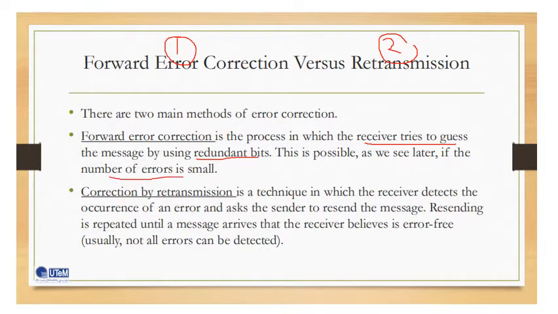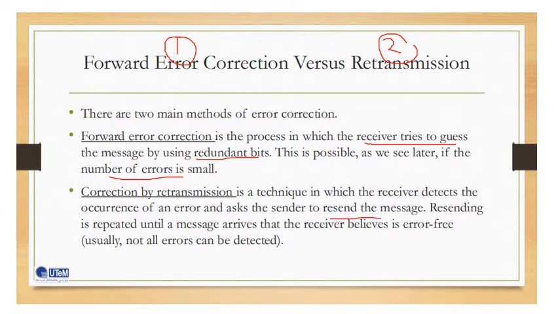Okay, correction by retransmission. This is much easier because once the receiver believes that the message contains error, the receiver will discard the frame and ask for retransmission. So correction by retransmission is a technique in which the receiver detects the occurrence of error and asks the sender to resend the message.